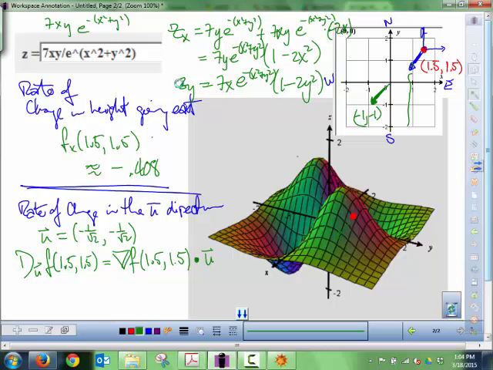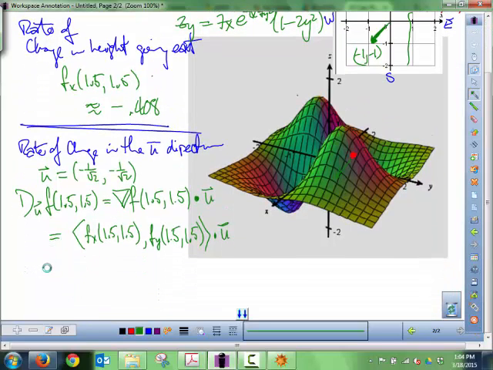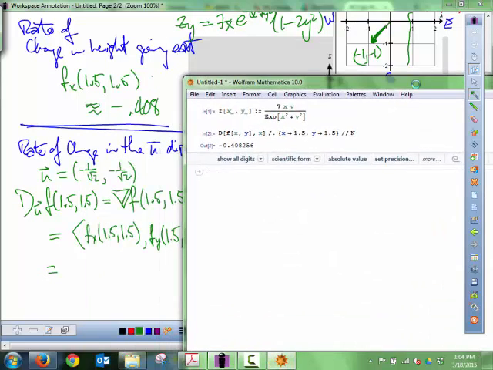So what I need to do is figure out what the gradient is at 1.5, 1.5. So we need to figure out what happens when we put 1.5 comma 1.5 into fx. Oh, we already know that, right? That's this thing. And then we want to know what happens if we put 1.5 comma 1.5 into fy. And we said it was going to be the same thing, but I'm going to double check with Mathematica just in case. And then we're going to dot that with u. So let's see.